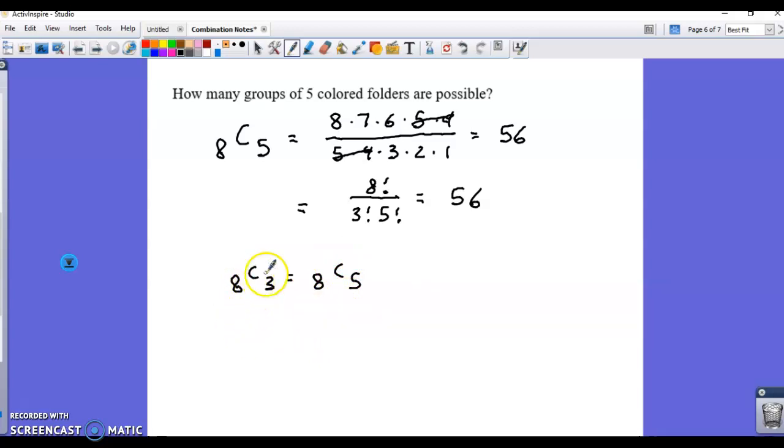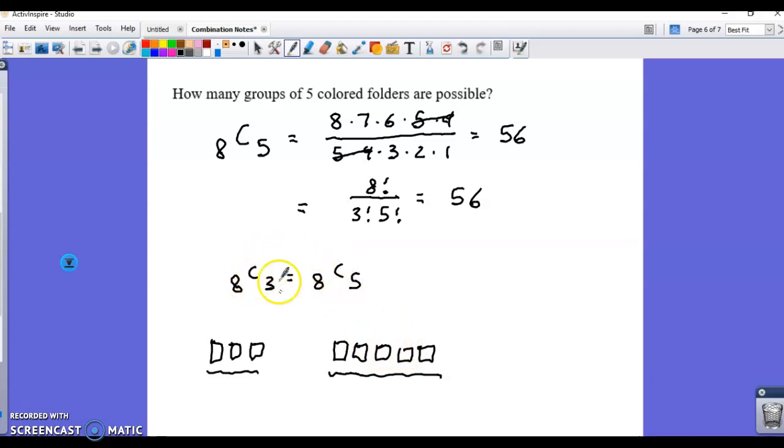You can think of it as, if you have 8 folders, if I choose 3 folders to be in this group, then that's the same as saying I'm leaving 5 folders out, because 3 and 5 make 8. So if there are 56 different groupings of these, there must be 56 different groupings of the leftovers. So yeah, it's not a happenstance.